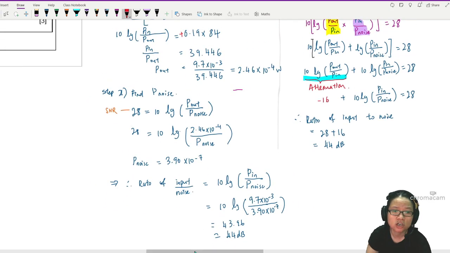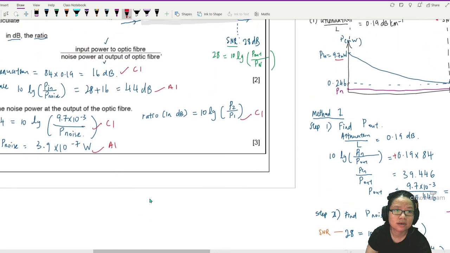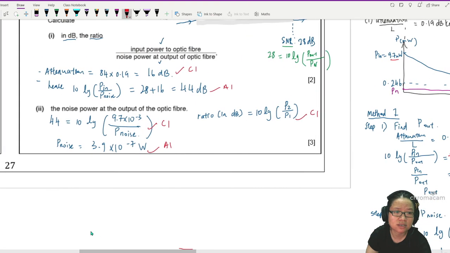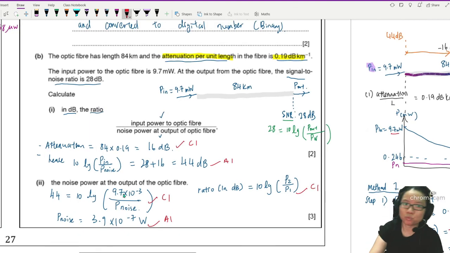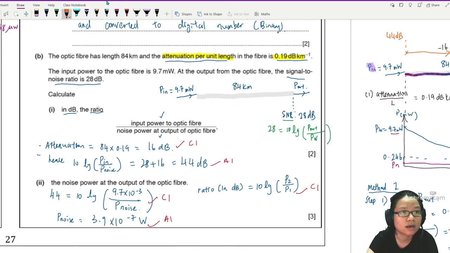So just make sure you are aware, especially when it comes to a question like this, that because of the decibel, and we take log 10, the whole idea is we start at a certain ratio and we end at the ratio of 28.